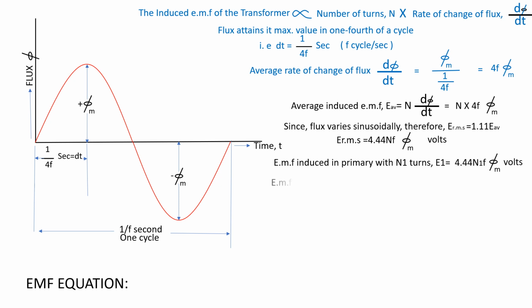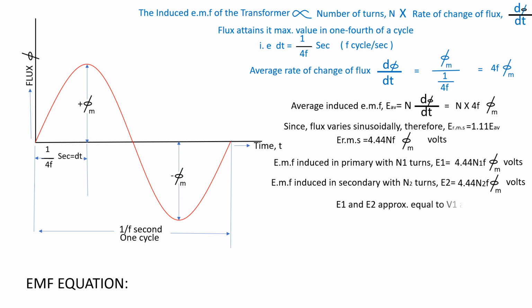EMF induced in the secondary with N2 turns, E2, is equal to 4.44 N2 f phi m volts. Therefore, E1 and E2 are approximately equal to V1 and V2, the applied voltage and load voltage.